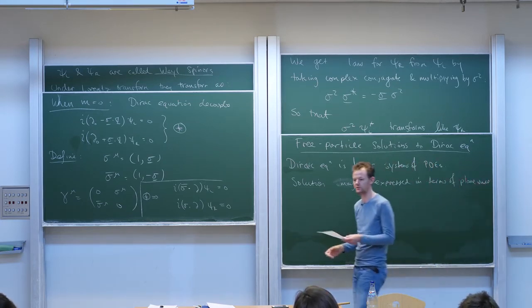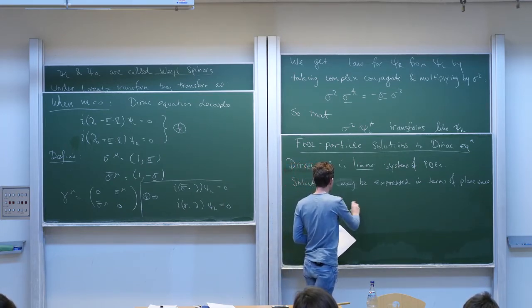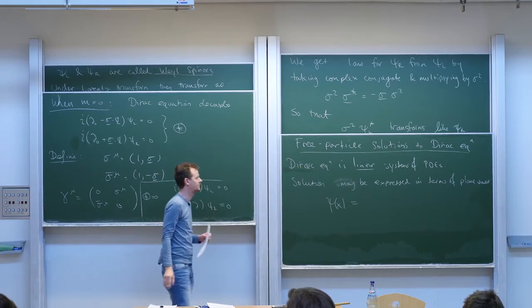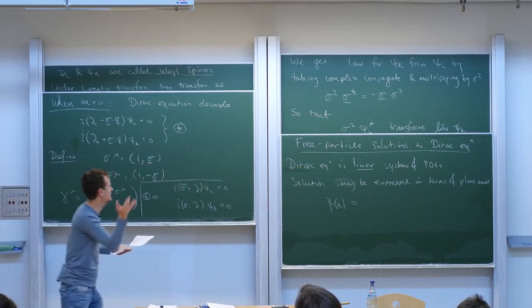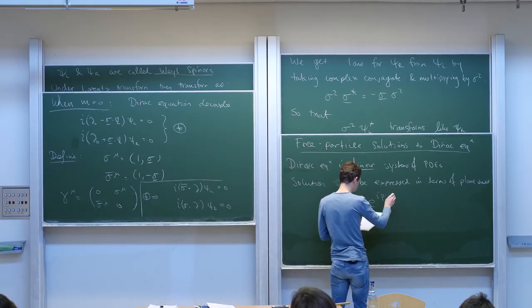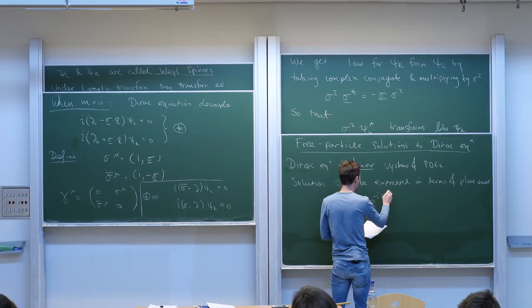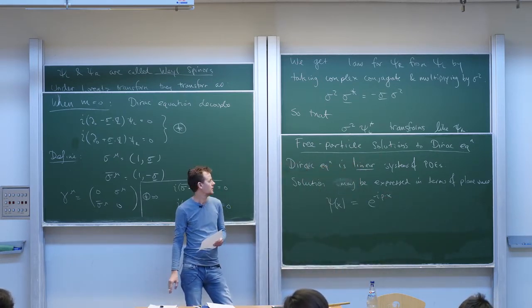It's just the Fourier transform. And a plane wave for a Dirac spinor, what could that be? Well, the simplest thing it could be would be e to the ipx, right? That's the plane wave bit. Am I using p or k? p. e to the minus ipx, let's say.